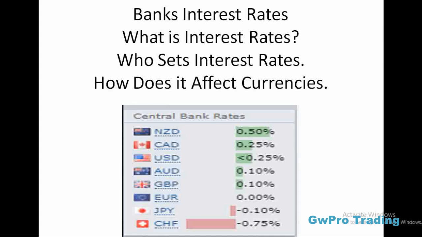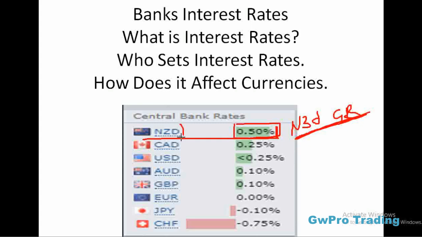So in a situation whereby everything is going well, definitely investors will want to buy more of NZD government bond because they are expected to get more returns for their investment from NZD.